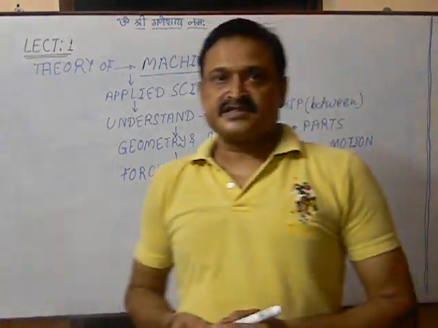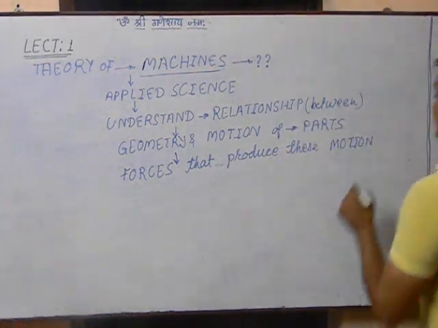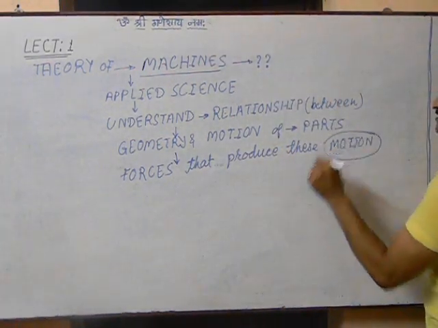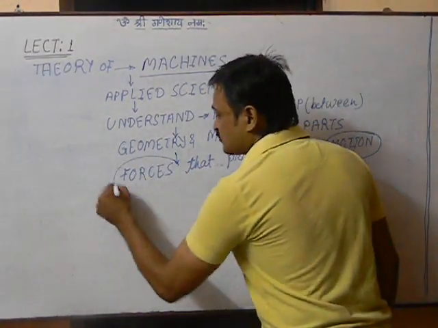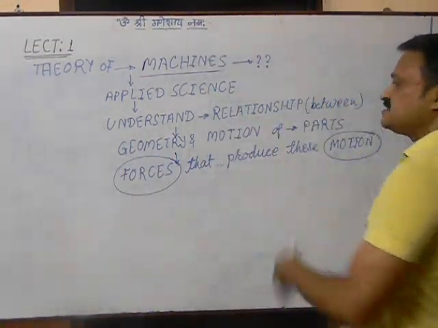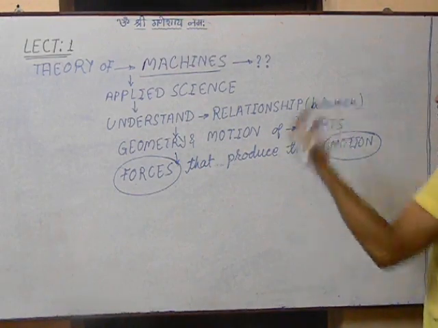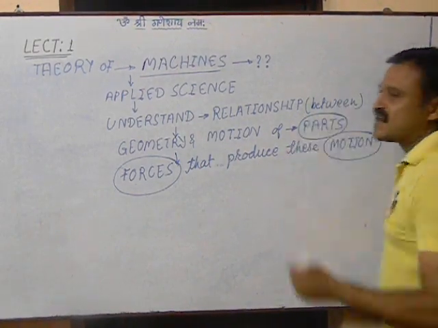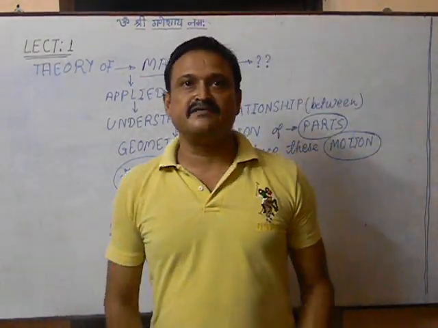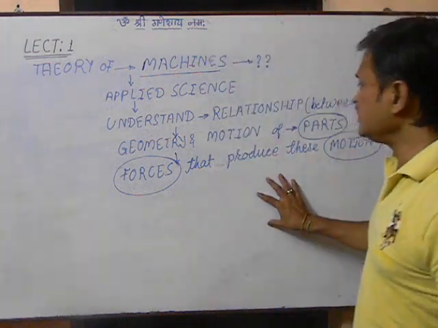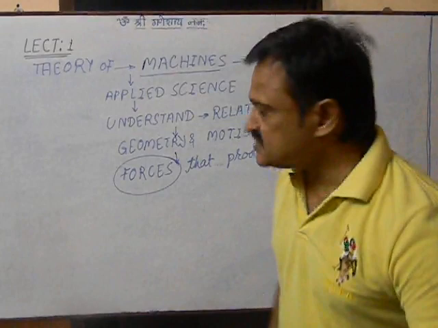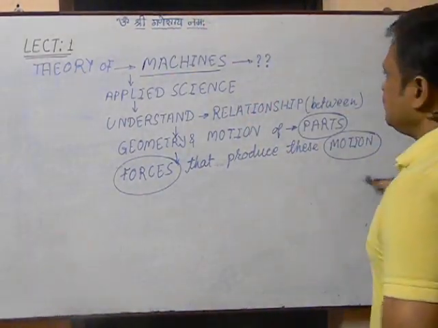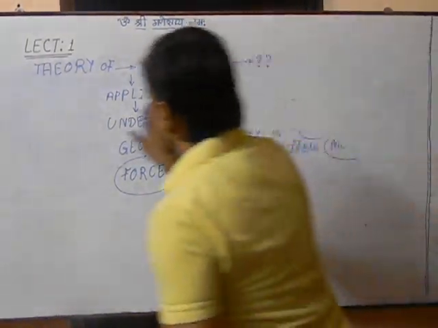So for us, the key words involved are definitely the most important: motion, the forces which are causing these motions to happen, and the various parts or the physical entities which are involved in a machine.